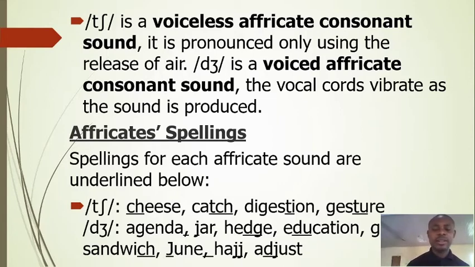But there is a word with letter J that is not pronounced as j. I'm sure you're going to find it out. It's part of the task I'm going to give you. All right? Now you have DG as in head, hedge, dodge, bridge, gauge, etc. And then you have D as in soldier. Now, listen carefully.